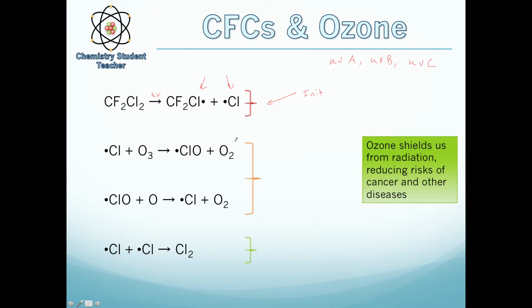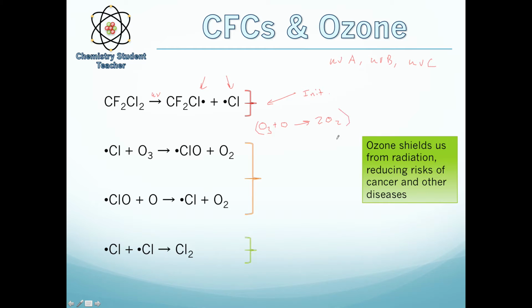So here we have a chlorine radical reacts with ozone, which is denoted by O3, forms another radical and a product, which is oxygen in this case. That radical product there can react with an oxygen atom in the atmosphere to form a chlorine radical and oxygen once again. So as you can see, the reaction is O3 plus an oxygen atom goes to 2O2 would be the overall bit of that, as that molecule would cancel and those molecules would cancel.